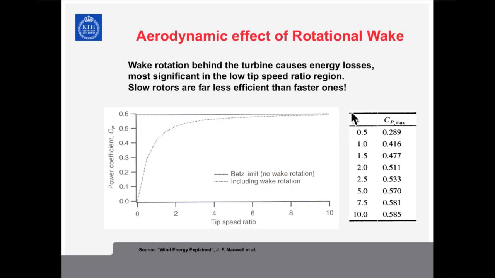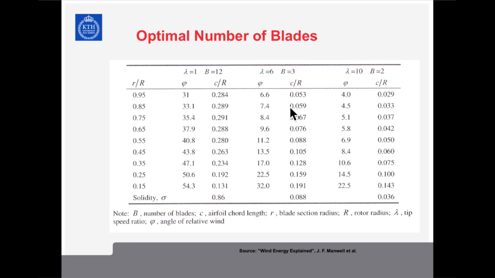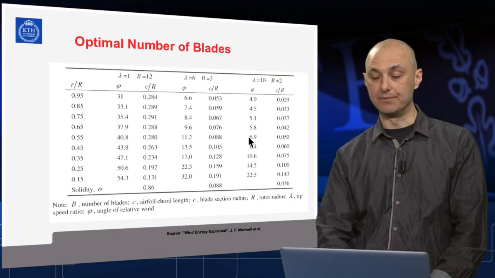And this is just an example of how a turbine can be designed and how a blade in its different sections along the radius would look like, the twist angles, the profile chords, and so on, for three good examples of typical turbines that we might have today. That would be the multi-bladed wind pump, the three-bladed machine, and the two-bladed wind turbine.